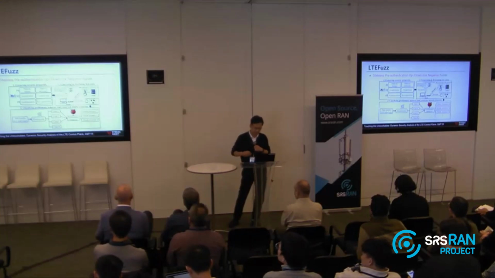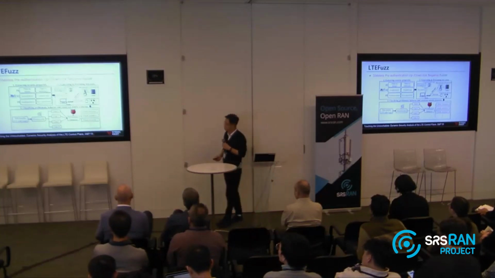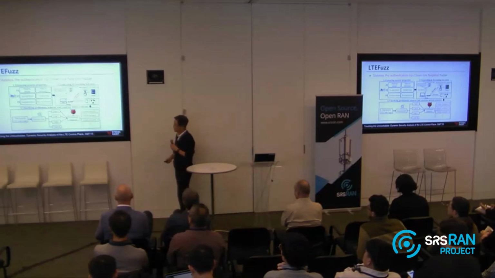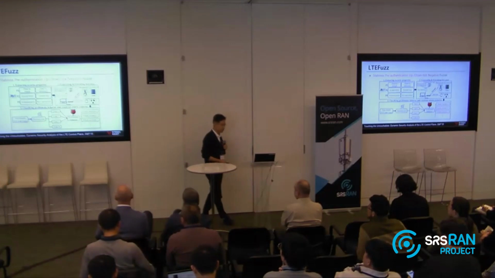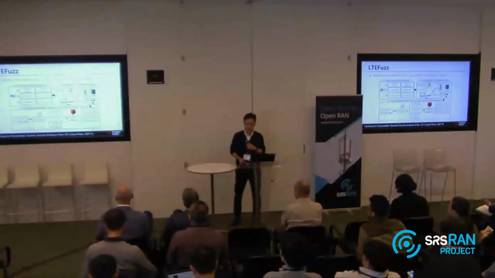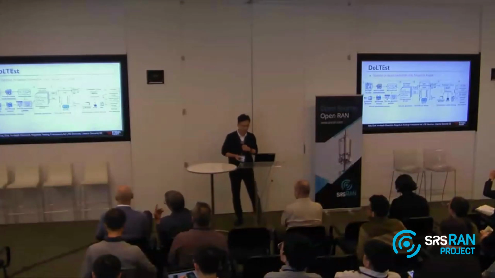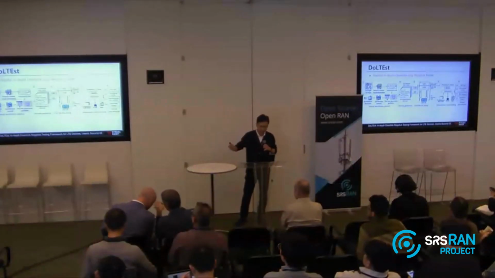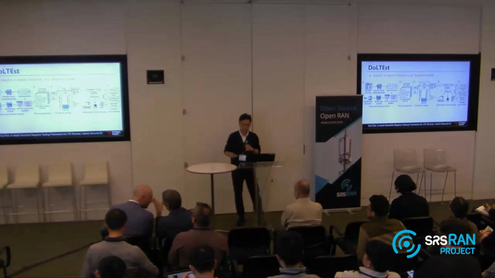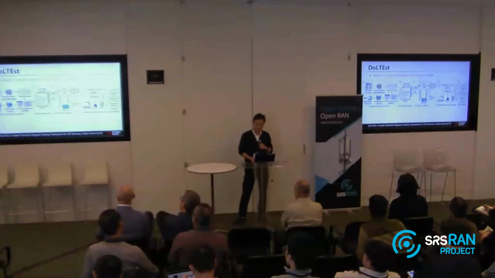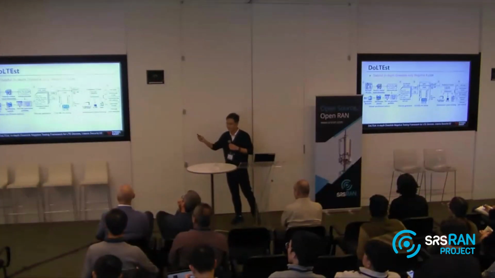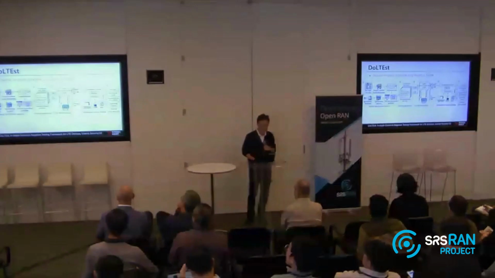Then, because it was stateless and pre-authentication messages, later we thought that, okay, the cellular protocol is actually stateful and has many, many options, so we wanted to add better fuzz testing. So that's called DoLTest, right? Please test LTE, right? DoLTest.